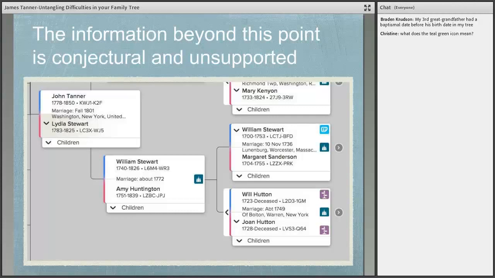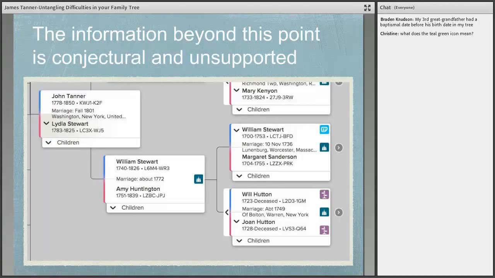There's just no way in the world that you can tell if William Stewart is Lydia Stewart's father, and if Amy Huntington is her mother. You might notice, if you go back one more generation to the right, that Amy Huntington's father's name is Will Hutton, and his wife's name is Joan Hutton.